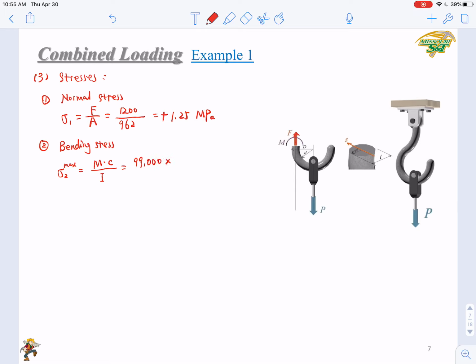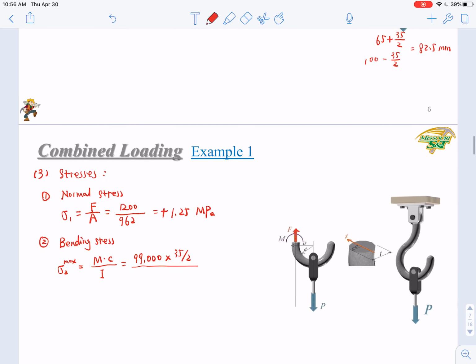What is the C? C is the maximum distance from a point to the neutral axis, or to the centroid. What is that? That is the radius, right? The radius, half of the diameter, or 35 over 2.